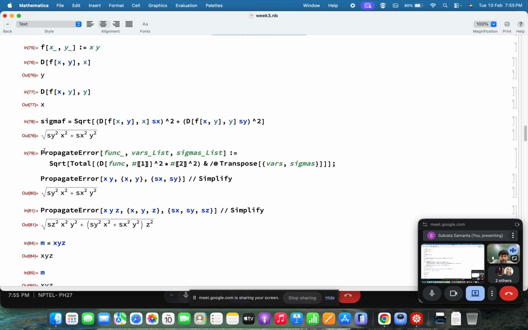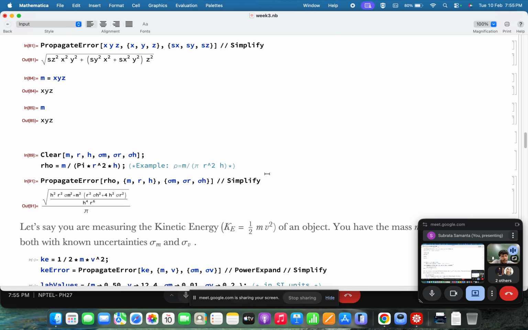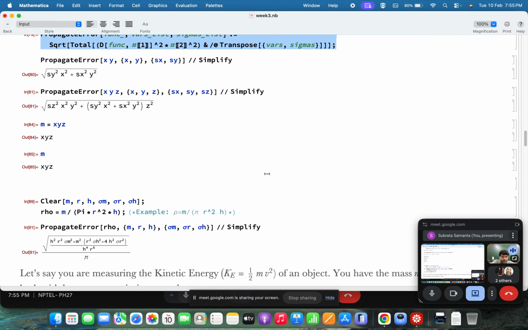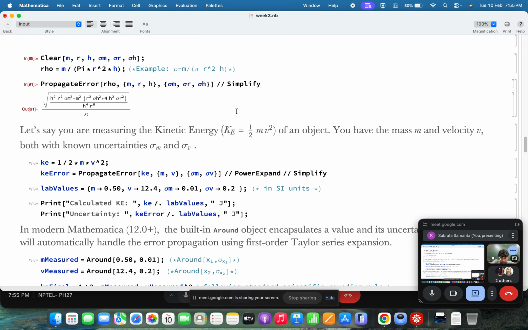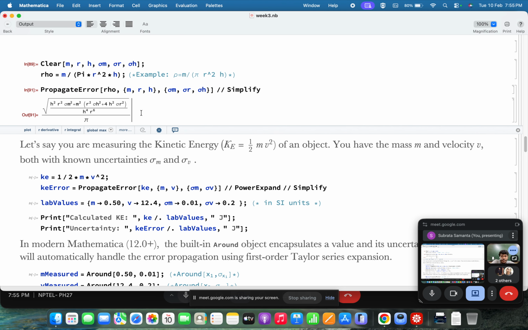I define it for any function, any variables, any sigmas, and any number of variables. It does not matter how many variables you choose; it is general. Here I use this complicated function with 3 variables and the corresponding sigmas. Once you provide these, you can calculate the error symbolically.